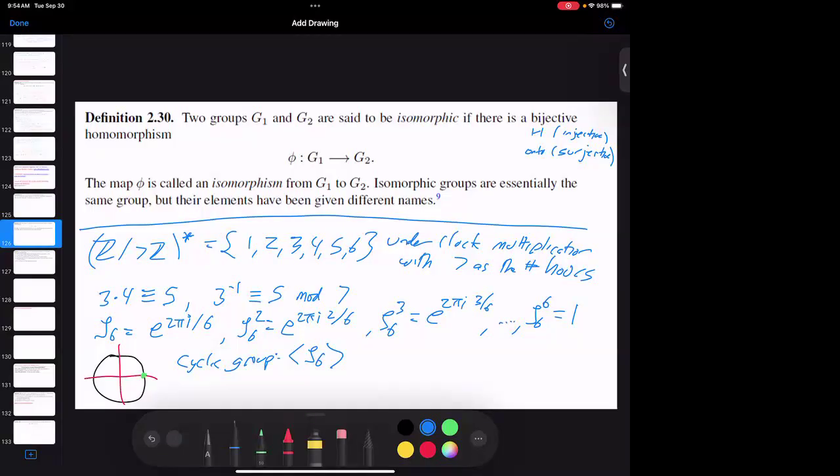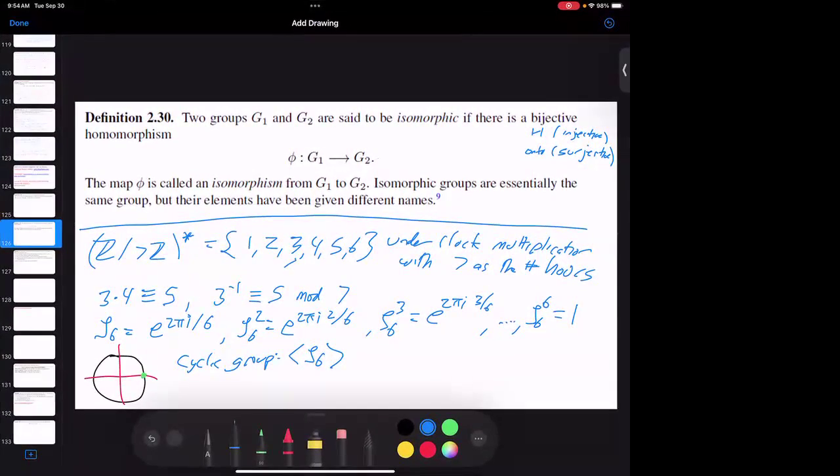What about 2? 2 times 2 is 4. 4 times 2 is 8, which is the same as 1, so it's not generated by 2. 3, however: 3 times 3 is 9, which is 2. 2 times 3 is 6. 6 times 3 is 18, which is the same as 4. 4 times 3 is 12, which is the same as 5. 5 times 3 is 15, which is the same as 1. It is generated by 3.